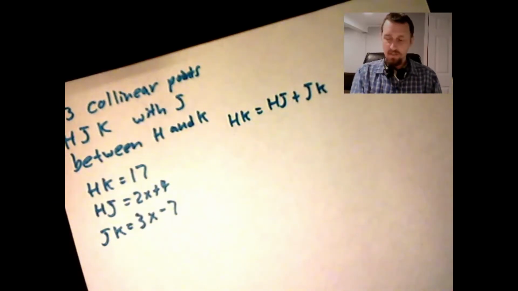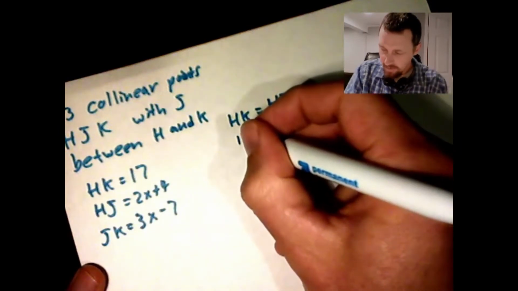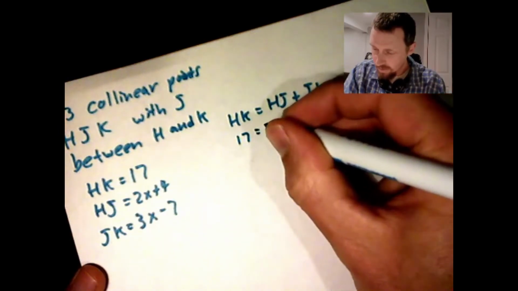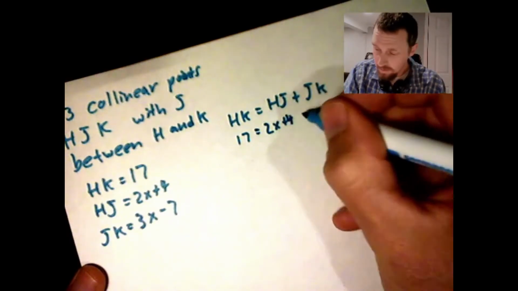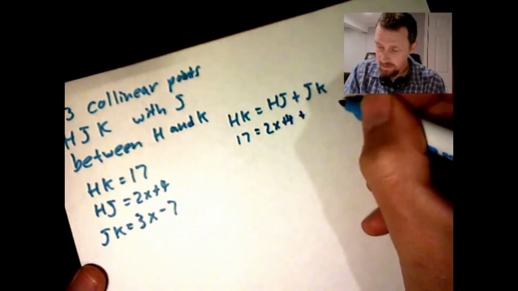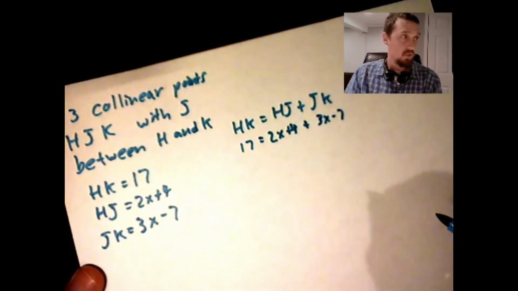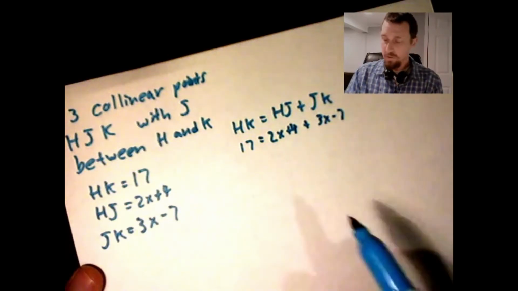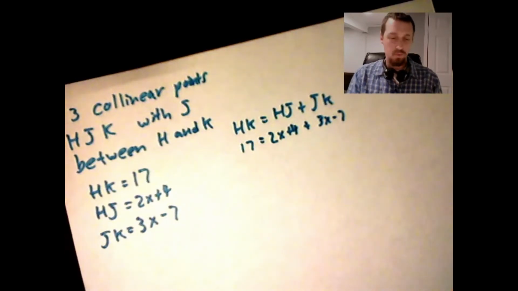And in this case, HK is 17, HJ is 2x plus 4, and JK is 3x minus 7, and then you just do algebra, and you can find x, and you can use x to solve for these. Personally, I wouldn't jump straight to this, because I tend not to work formulaically.